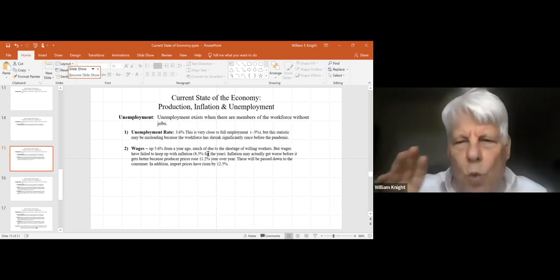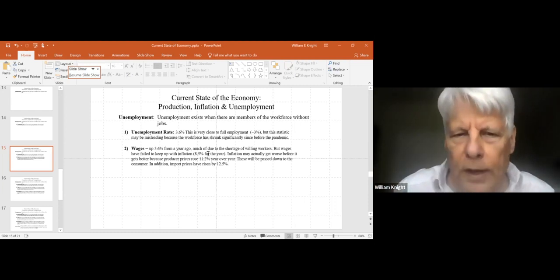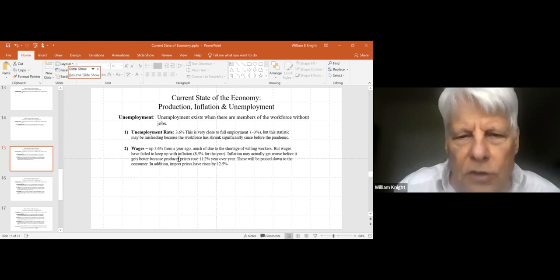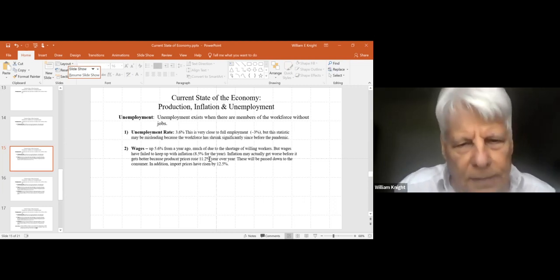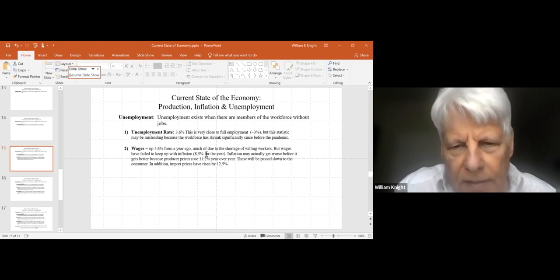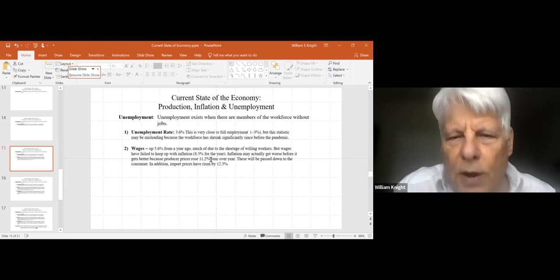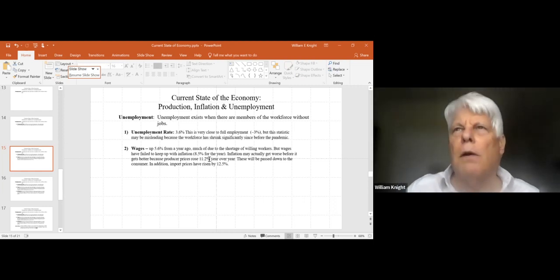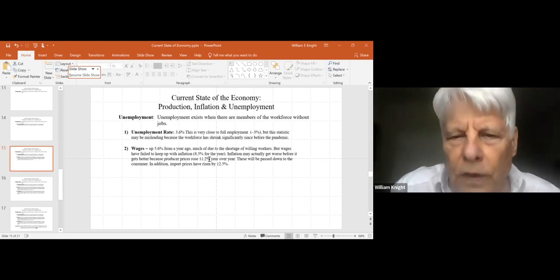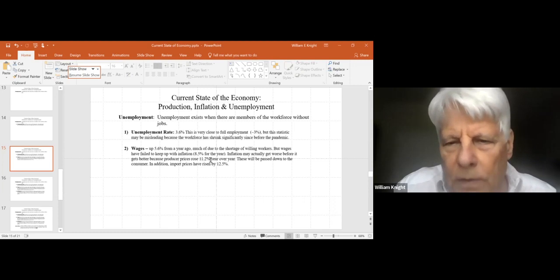Inflation actually may get worse before it gets better, because the latest numbers on producer prices is 11.2% year over year. Now that's higher than the consumer prices. This is the percentage change in the producer price index. This is the merchandise that our producers are buying and converting into finished goods. That went up 11.2%.